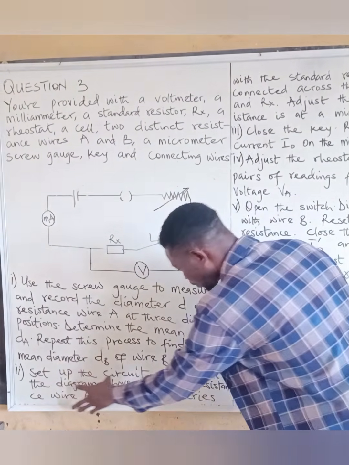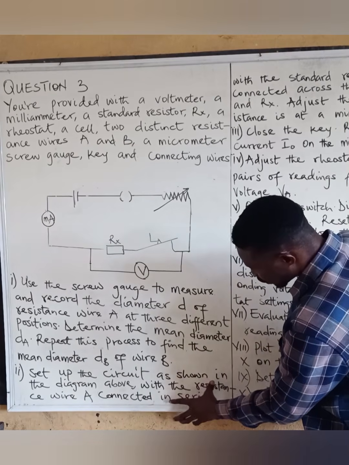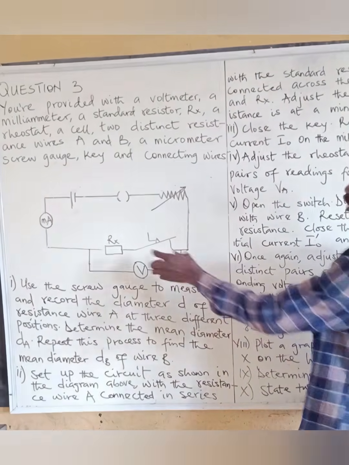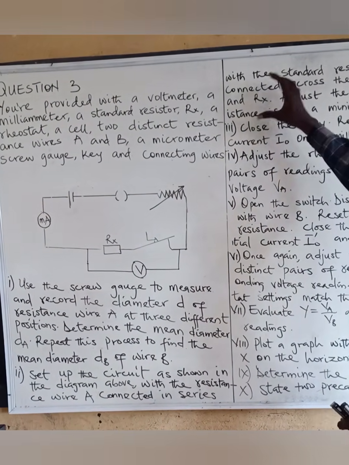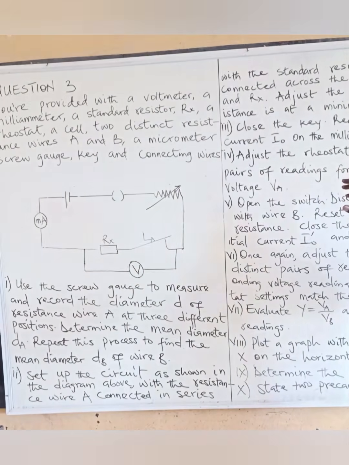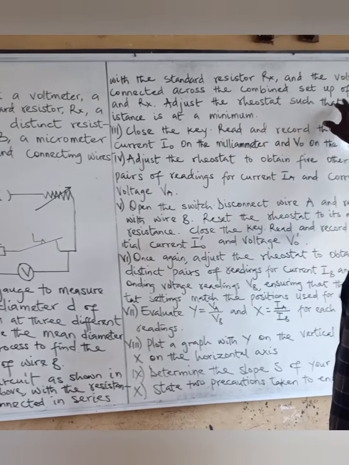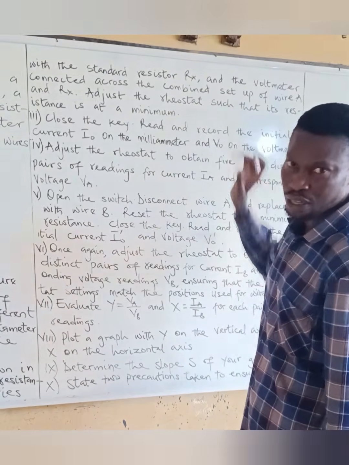Then you set up the circuit as shown in the diagram above, with the resistance wire A connected in series with the standard resistor. So you now connect the voltmeter across both of them as shown in the diagram. Then the next step says adjust the rheostat such that its resistance is at minimum value.